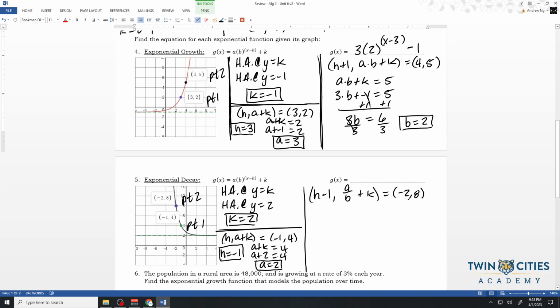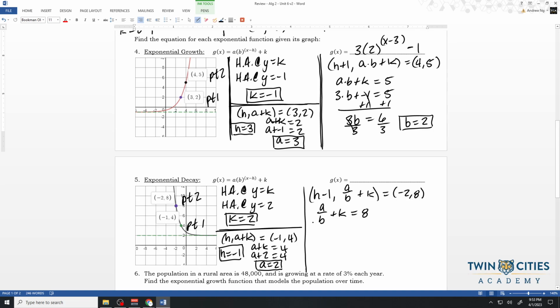And again, I don't need to solve the left part of this, h minus 1 equals negative 2, because that's only going to help me solve for h again, and I've already got that over here. So I'm just going to do the right parts. a over b plus k is equal to 8.